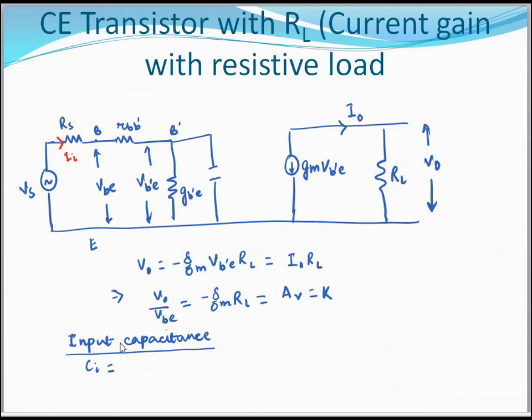So this is C plus Cc 1 minus K, and we can put the value of K here and we'll get the value of input capacitance, that is C plus Cc 1 plus Gm RL.